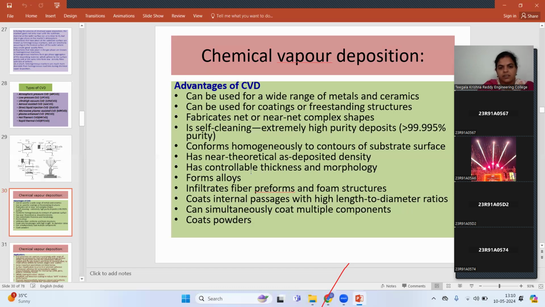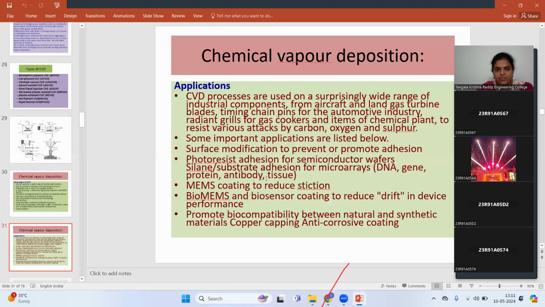It has a near theoretical as-deposited density, and CVD has controllable thickness and morphology. It forms alloys, can be used to infiltrate fiber preforms and foam structures, coats internal passages with high length to diameter ratios, can simultaneously coat multiple components, and can be used for powder coating. These are the advantages of CVD.